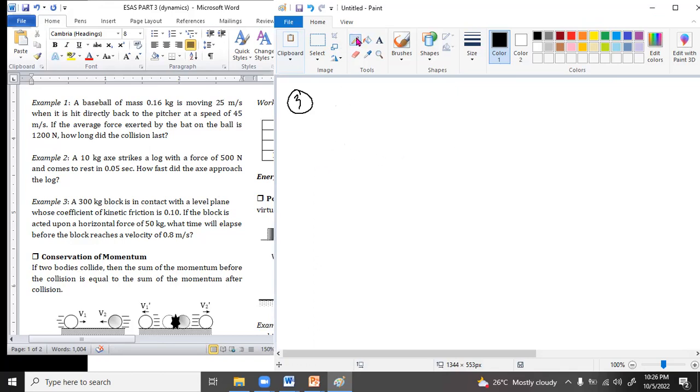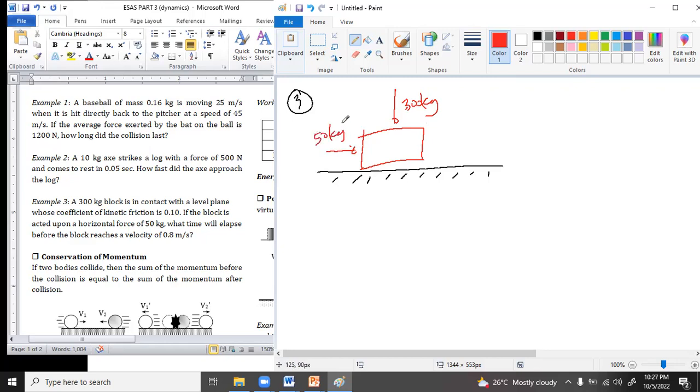So this would be the plane, and then you have the 300 kilograms block, and then an applied force of 50 kilograms.